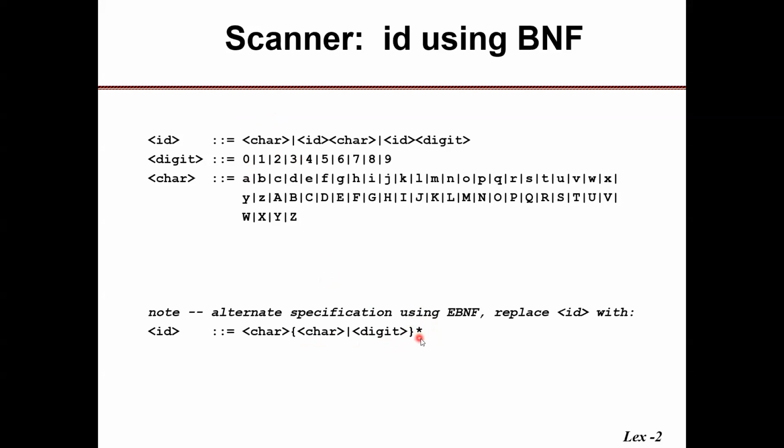So if we have 0 cases of these, then we can accept a char all by itself, just like this rule did here. If we have 1, a char or a digit, we can accept it. And we can continue accepting chars and digits over and over, as long as we're creating this ID, this identifier, it's going to follow this rule.